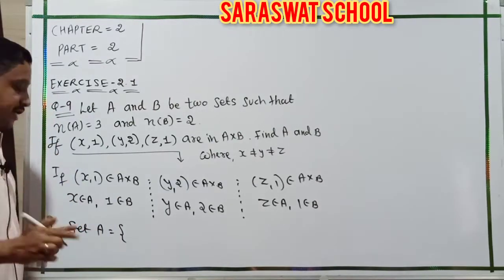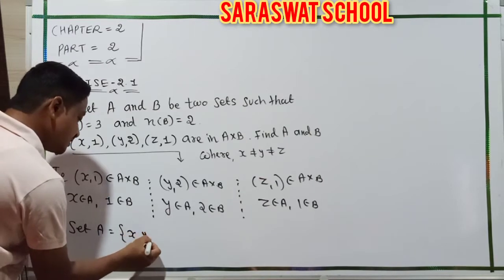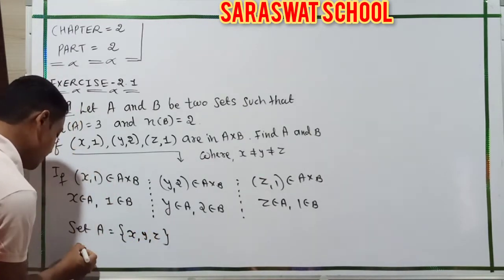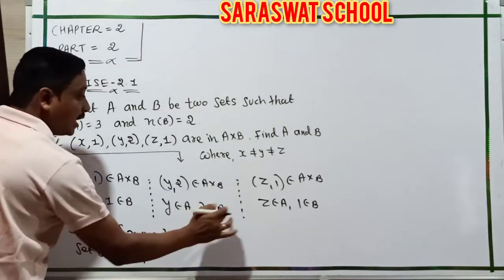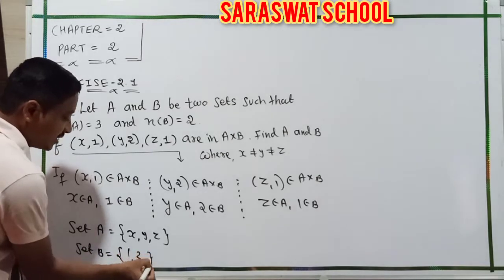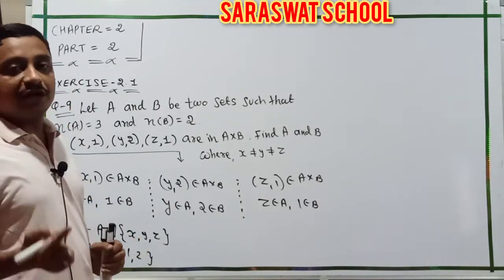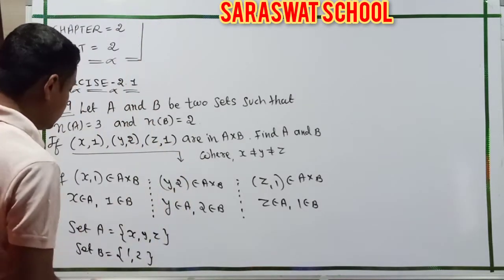Students, always try to take the first elements x, y and z as the set, and set B is also ready: 1, 2, again 1. So don't write 1 again because it is a repeated element, not applied in the set 2 times. Now check.